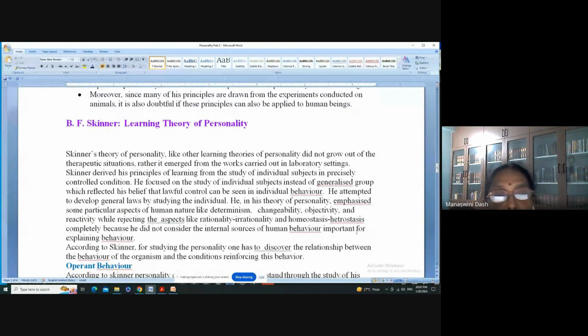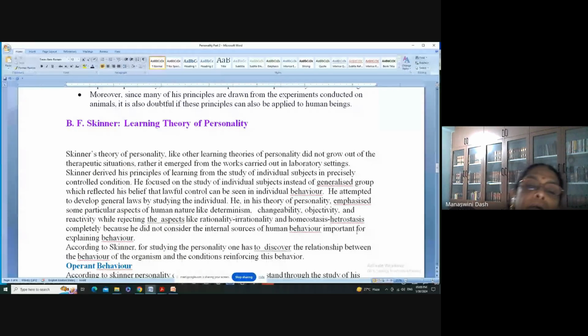Let us discuss the theory of B.F. Skinner. Skinner, we know that he is also a behaviorist. His theory of personality, unlike the psychodynamic theories, did not grow out of therapeutic situations.